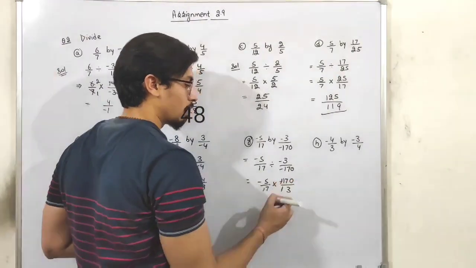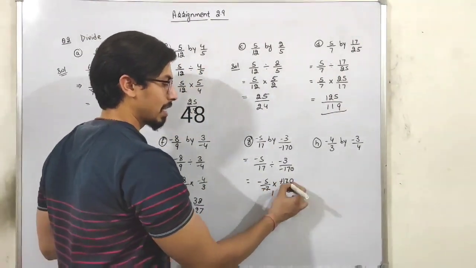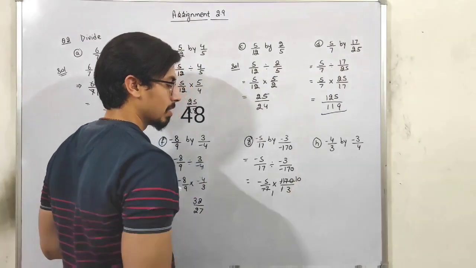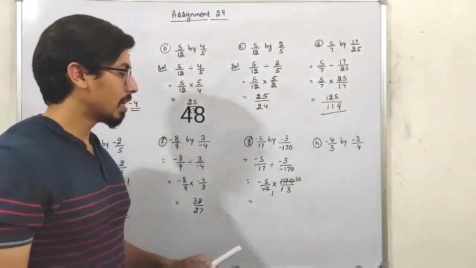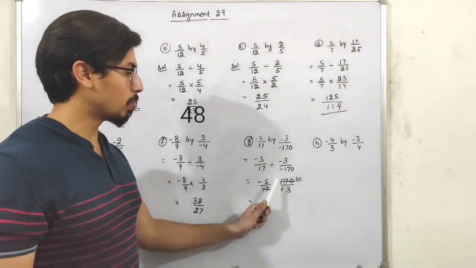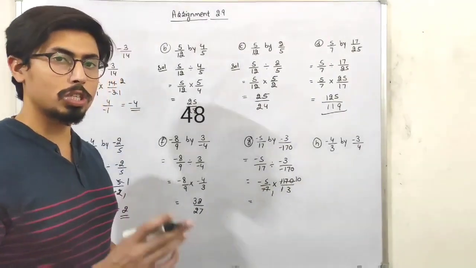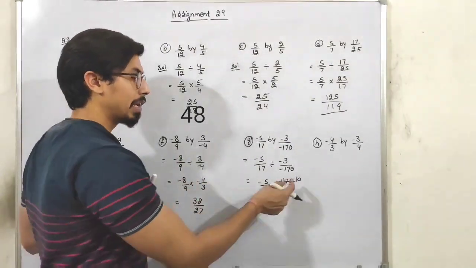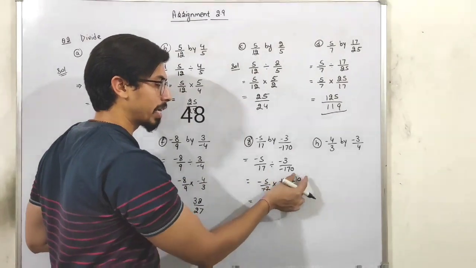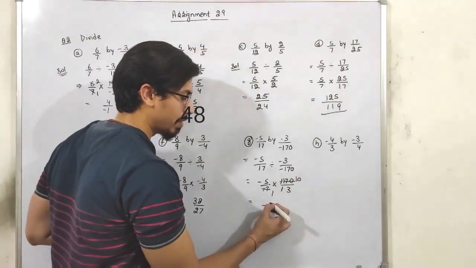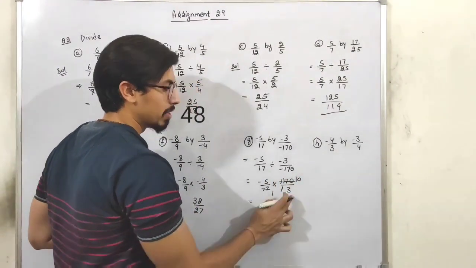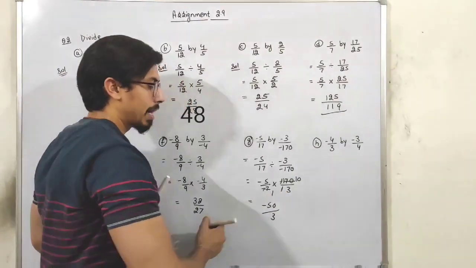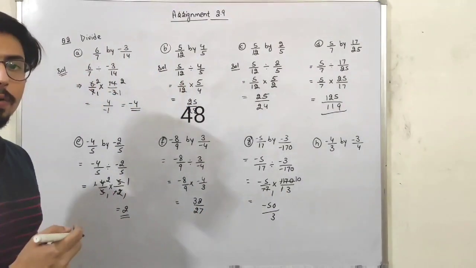So minus cancels out with minus, 17 ones are 17, 17 tens are 170. So now 3 is not cancelling out by 5 as well as by 10. So just multiply numerator and denominator. If you multiply numerator by numerator, so 10 multiplied by minus 5, minus 50, 3 ones are 3. So minus 50 by 3 is our required answer.